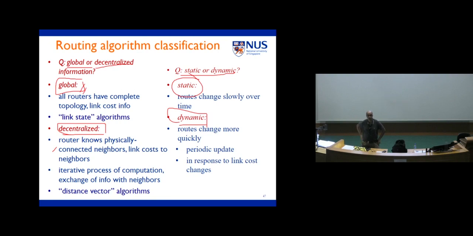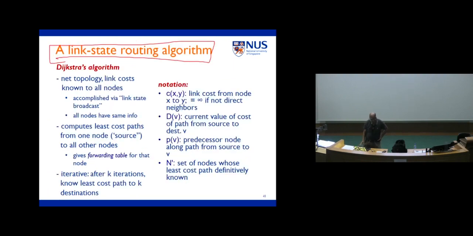Here each router is assumed to know everything about the network. So I know every other node and I know every other link. I know the cost of every other link in the network. And I want to find what is the best path from me to every other router in the network. So that's what we're going to do with Dijkstra's. So the network topology, the link cost, and so on, every node knows everything.